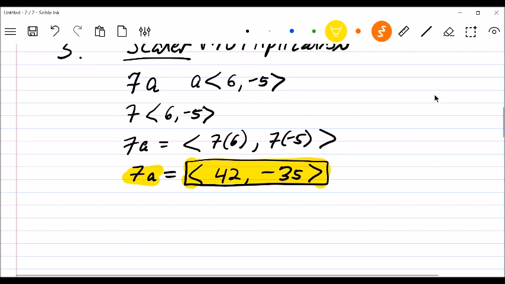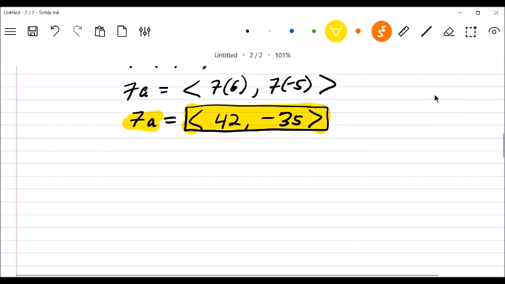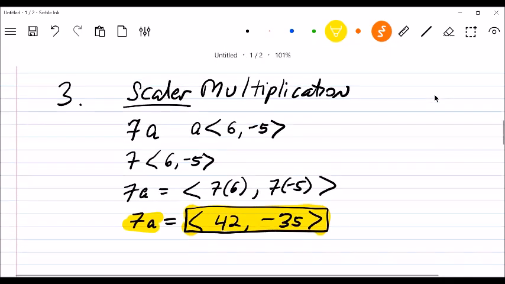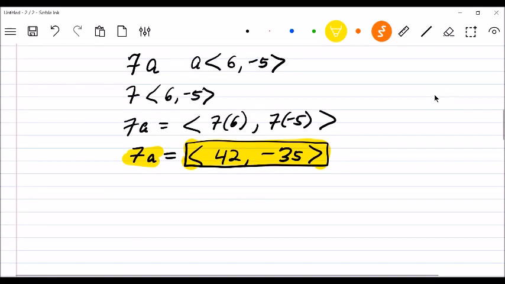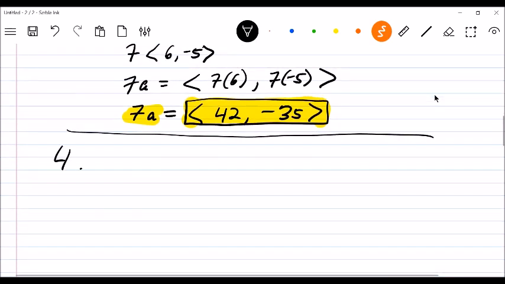That's scalar multiplication. Now let's look at multiplying not a single number, but rather two vectors. I'm going to do it on a different page. This is called dot products.